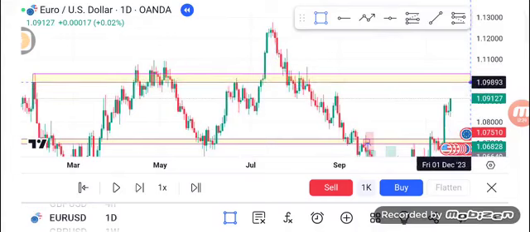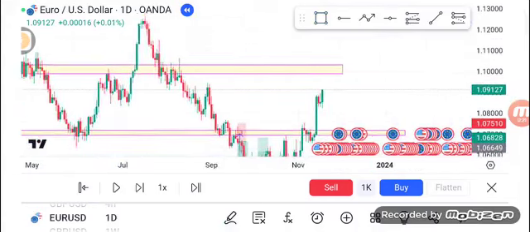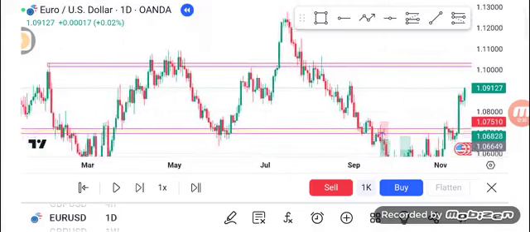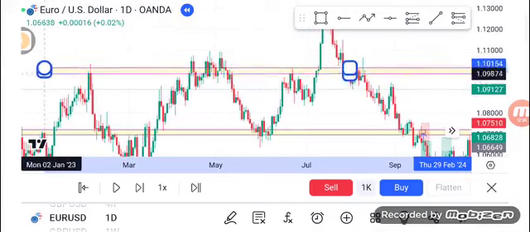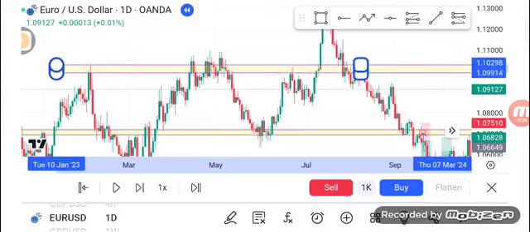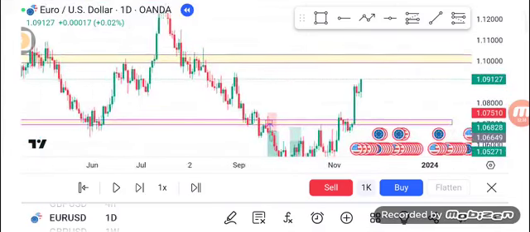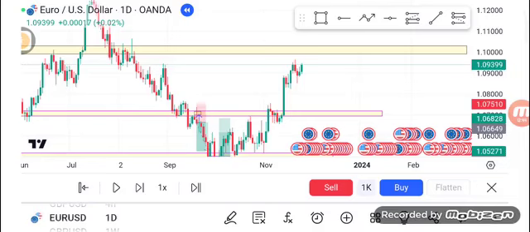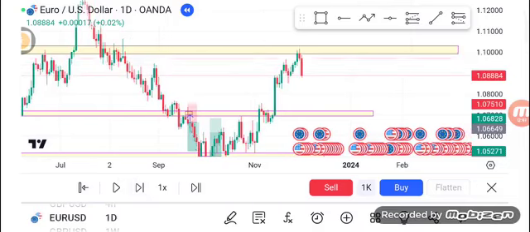I draw my levels and wait for the market to touch, step into our zone. Okay, right, so let's do that now. Let's continue. The market didn't want to reverse down, but stepped into our zone.